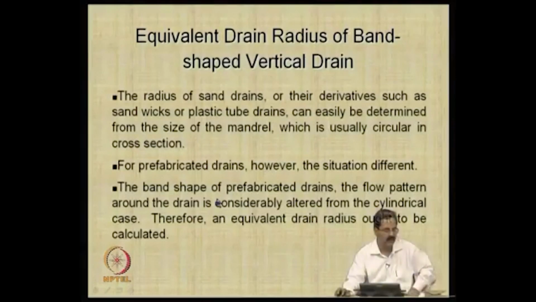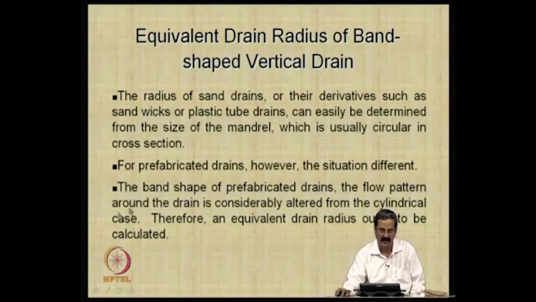The shape is very important here. For sand drains, we make a bore and then put the sand in. Here there is an installation technique specific to it, where you install this and then put it in, and to suit that we should come up with the shape. So for prefabricated drains the situation is different, in the sense that it cannot be circular, and it is actually band shaped.